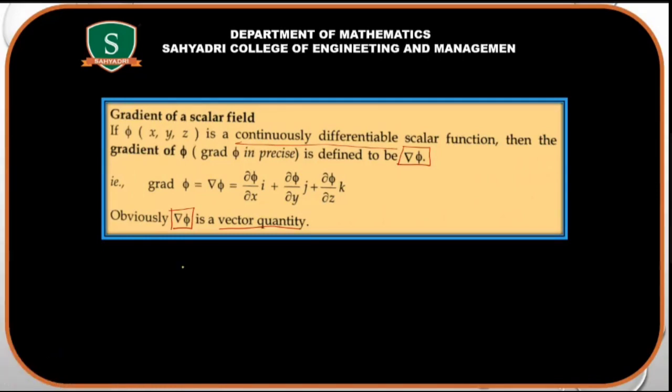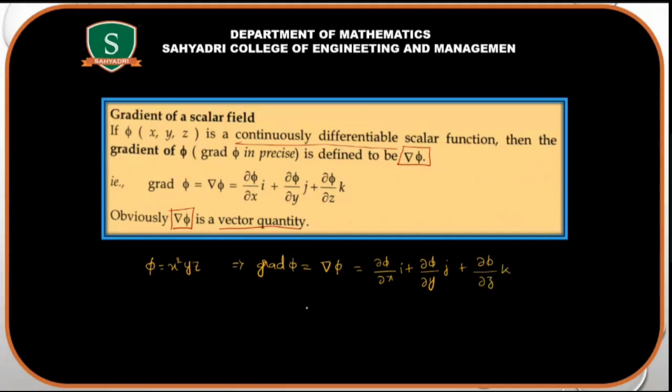Suppose my scalar point function phi is defined as x square yz. So the gradient of phi is defined as del phi, which is nothing but dou phi by dou x i plus dou phi by dou y j plus dou phi by dou z k.